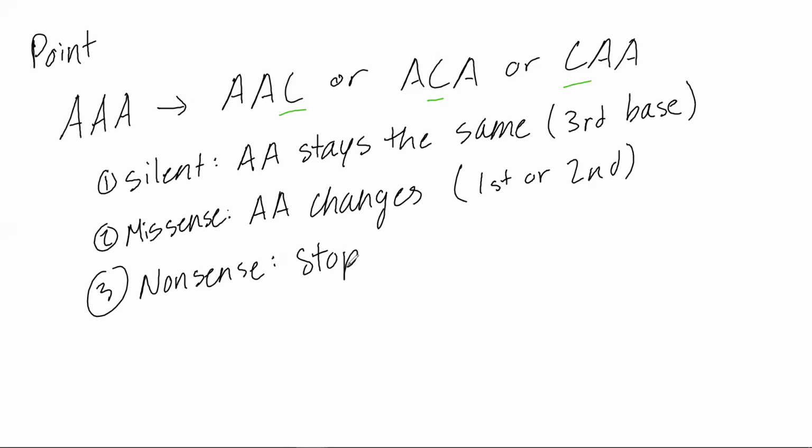It makes the chain stop where it shouldn't stop, right? And in a nonsense mutation, this typically happens in the first base. So just remember these differences. Silent, the amino acid stays the same, but the mutation is there. Missense, the amino acid changes, but the chain doesn't stop. Nonsense, the chain stops. Fairly simple.